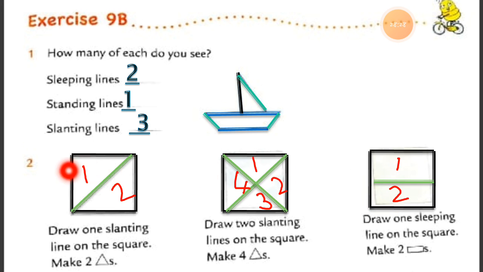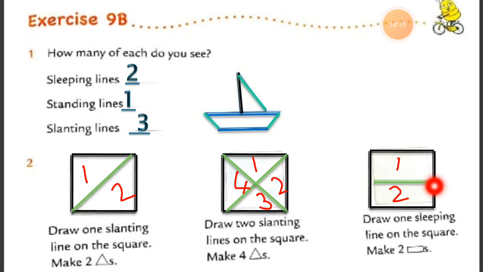See this way, in the first square we drew one slanting line and made two triangles, triangle 1 and triangle 2. In the another square we drew the two slanting lines and made four triangles. Here is triangle 1, triangle 2, triangle 3 and triangle 4.